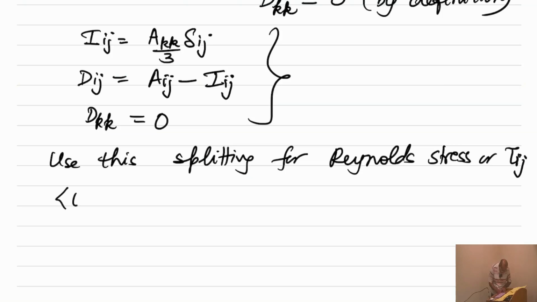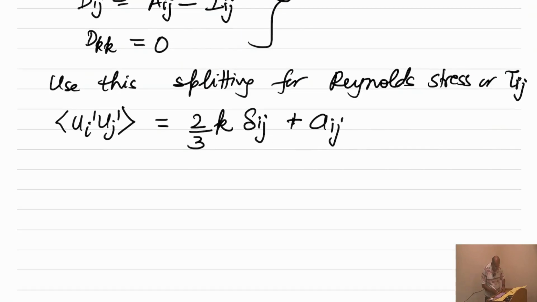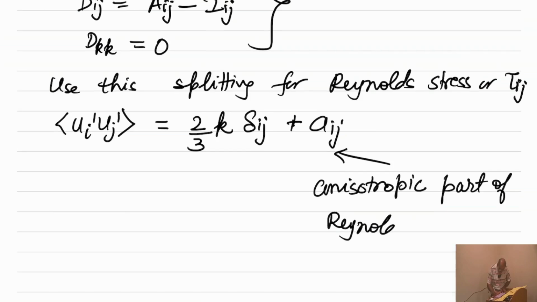So then I can write, using the splitting, ui prime uj prime will be equal to the isotropic part plus the remaining part, or the deviatoric part, which I write as aij, and this aij is written as the anisotropic part of the Reynolds stress tensor.